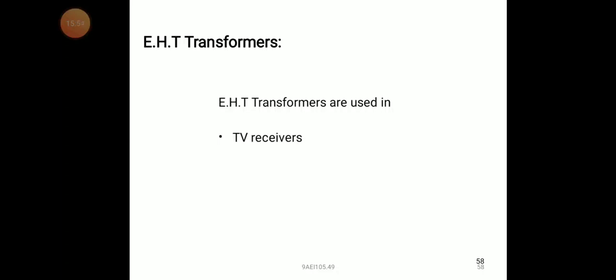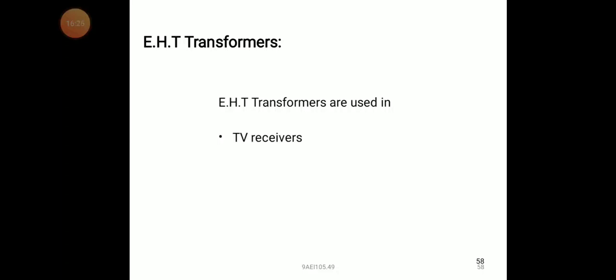Coming to the load side, for domestic purposes we use low voltage. At that point the transformer is used to step down the high voltage into low voltage. So these are the applications of transformers. There are many areas, but we discussed some of the important applications.